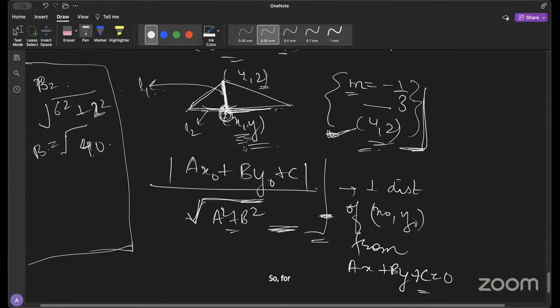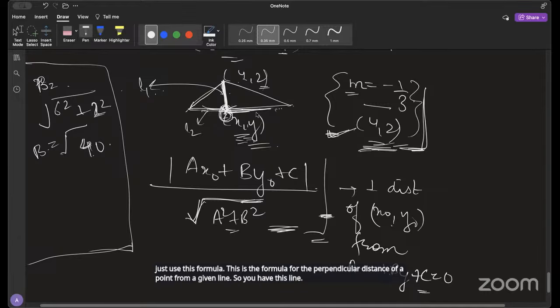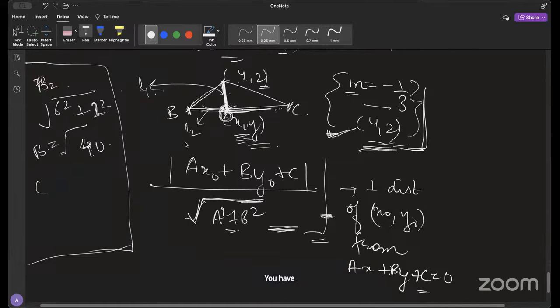For height, instead of doing all this that I told you, just skip this part and use this formula. This is the formula for the perpendicular distance of a point from a given line. So you can find the equation of the line passing through these points. Two points have been given to you.